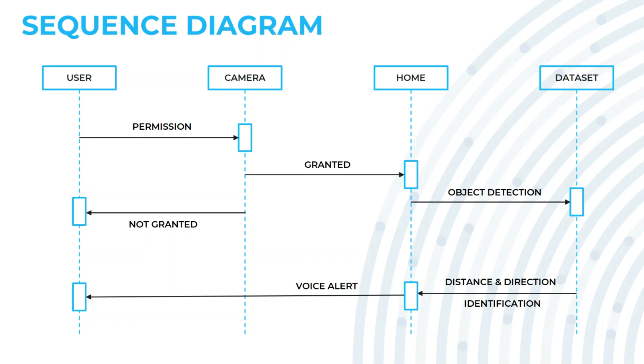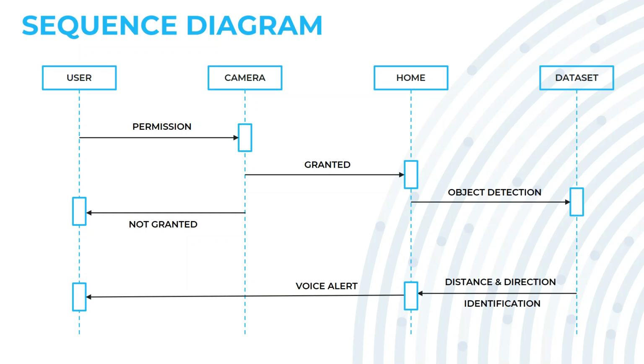This is the sequence diagram representing our project. The sequence diagram is used to model the collaboration of objects based on the time sequence, and that means what steps should happen in sequence one after the other. In this diagram, the first user requests for the permission of the camera API.